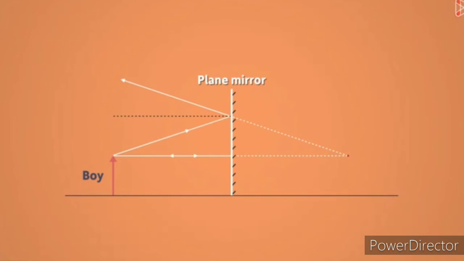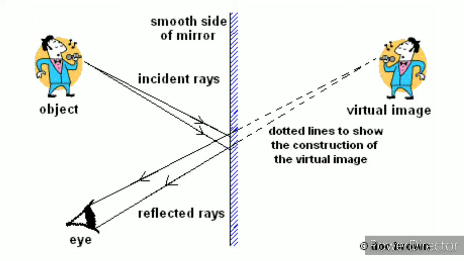When we look at this point, it appears to us that the light rays are diverging from this point. But in reality, there are no light rays behind the mirror. This being a smooth and shiny surface, it reflects most of the light back and almost no light reaches behind.